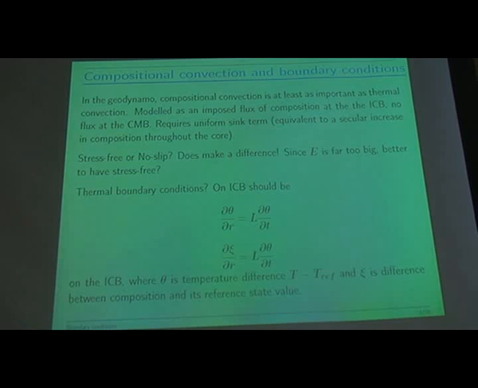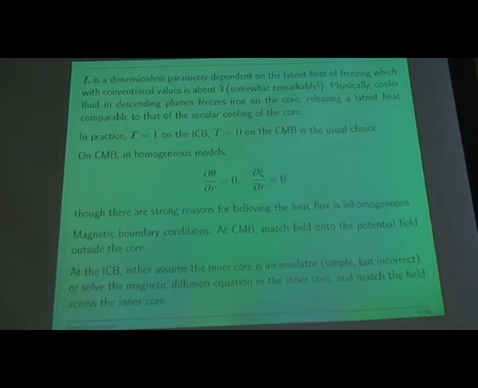But as I said, in order to keep things simple, people have mostly gone for these boundary conditions here, which is just to set the temperature as 1 on the ICB and the temperature as 0 on the CMB, which is the simplest possible sort of Rayleigh-Bénard type boundary condition which you can have.